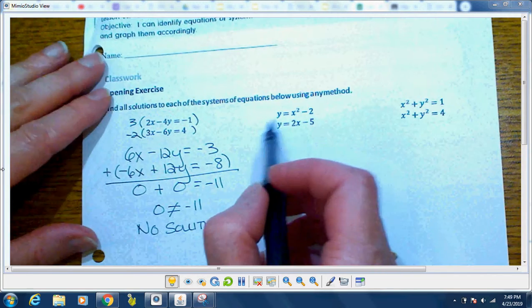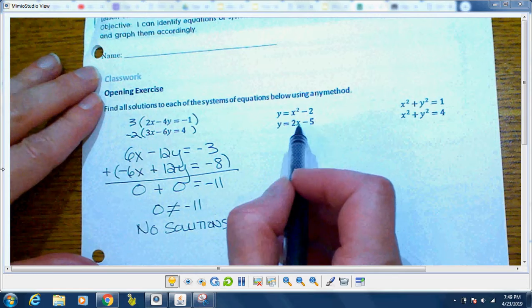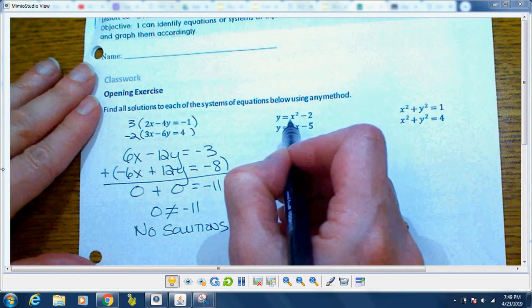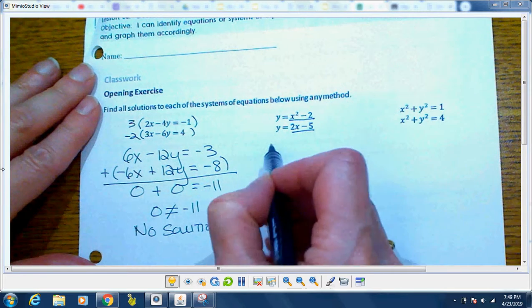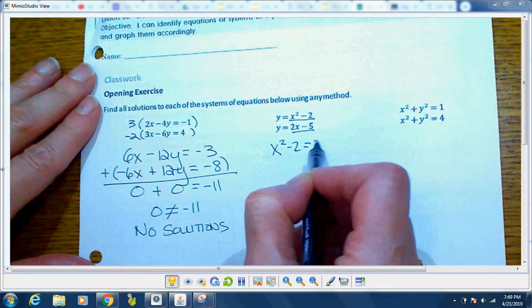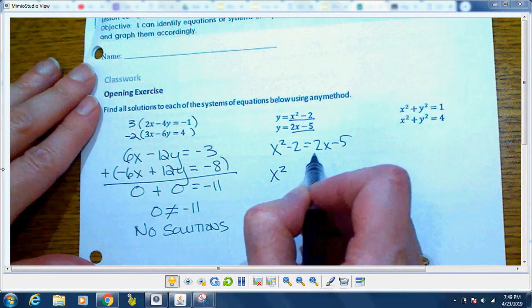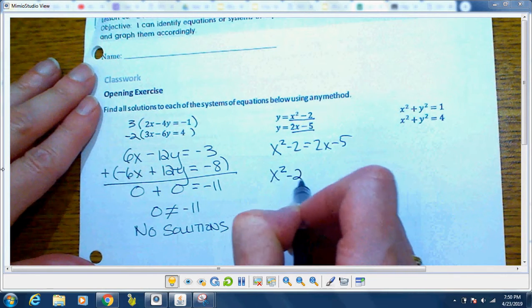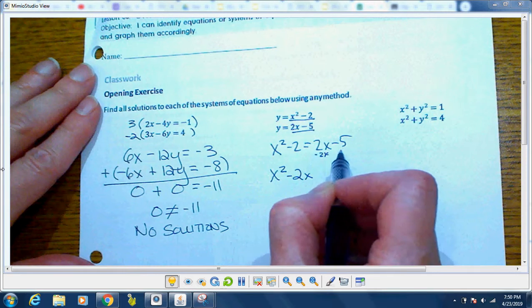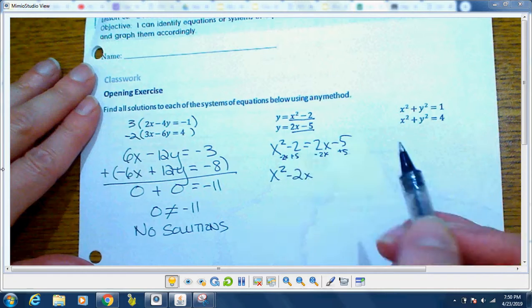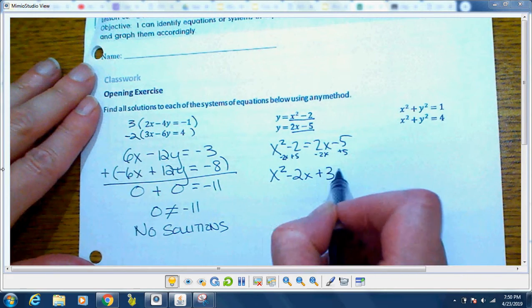Let's try this one. y equals x squared minus 2. It also equals 2x minus 5. So I'm just going to set this equal to this. So x squared minus 2 equals 2x minus 5. I'm going to bring everything into one side: x squared minus 2x plus 5, and I get -2 plus 5 is 3, equals 0.